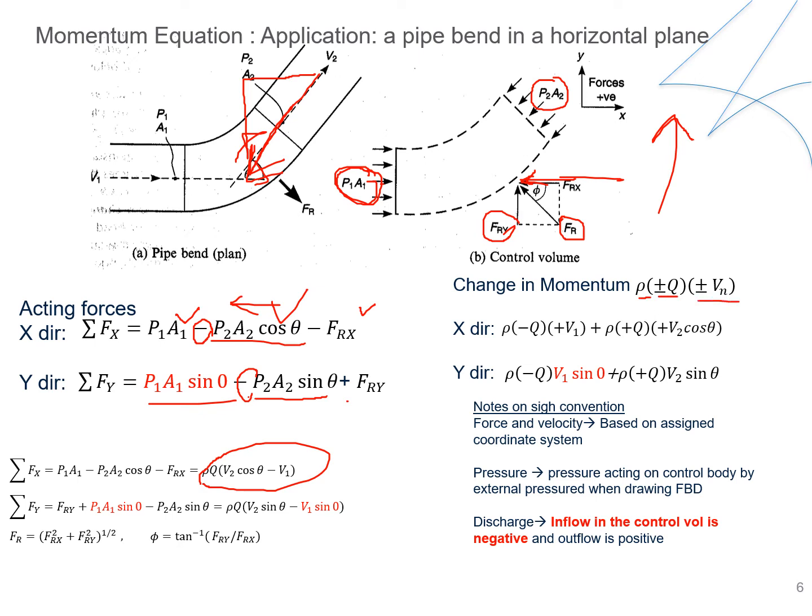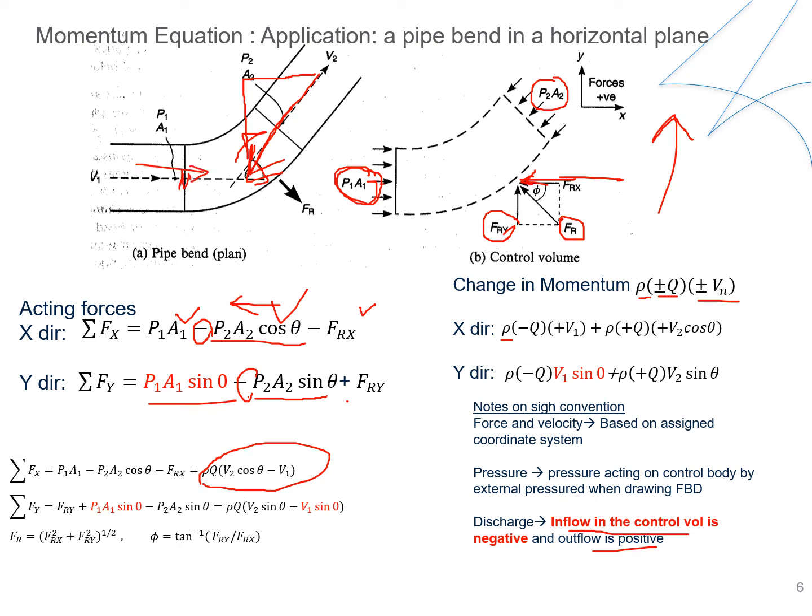Okay, so in x direction, rho. Now how we assume the signs of Q and V is very simple. For discharge, inflow in the control volume is negative and outflow is positive. Okay, inflow is negative, outflow is positive. So here at this section, this is the inflow, right?